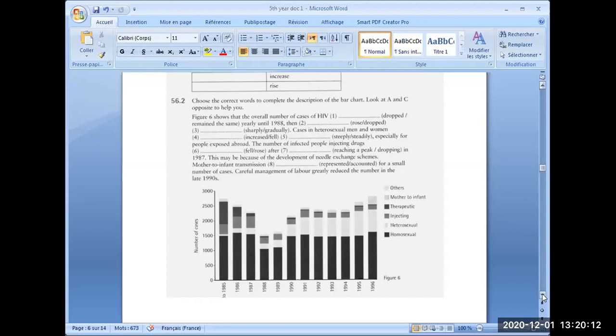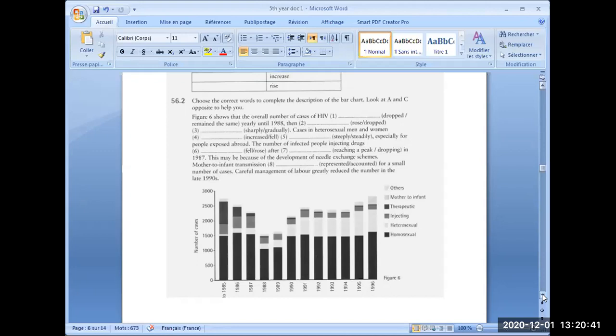So, dropped, good. Remain the same according to the chart. This is not correct. Yearly until 1988, then you look at figure 6 to help you, to find the word actually. Rose, correct, good.